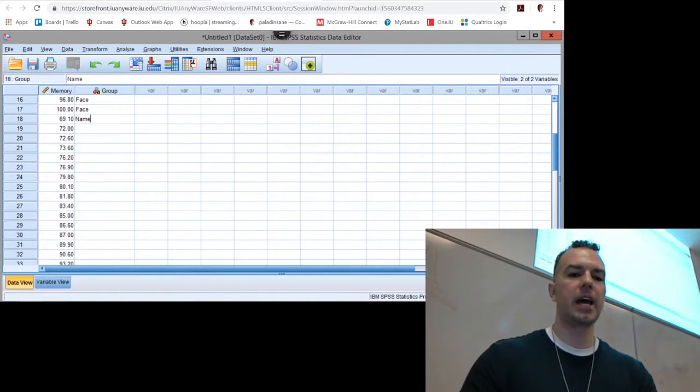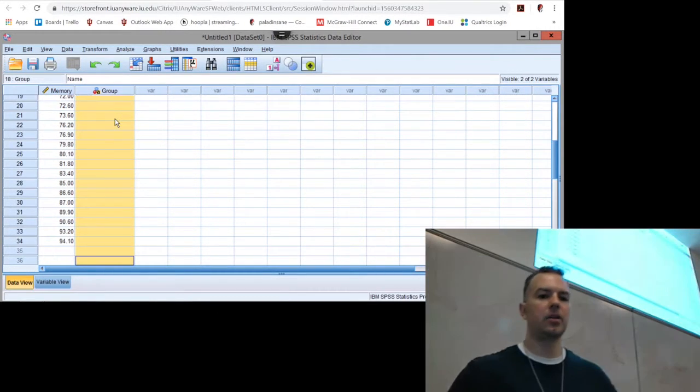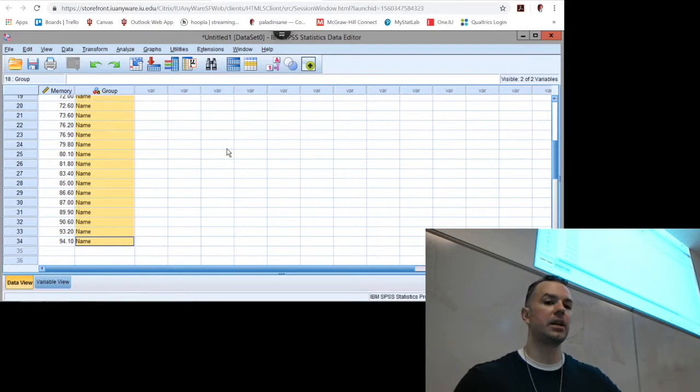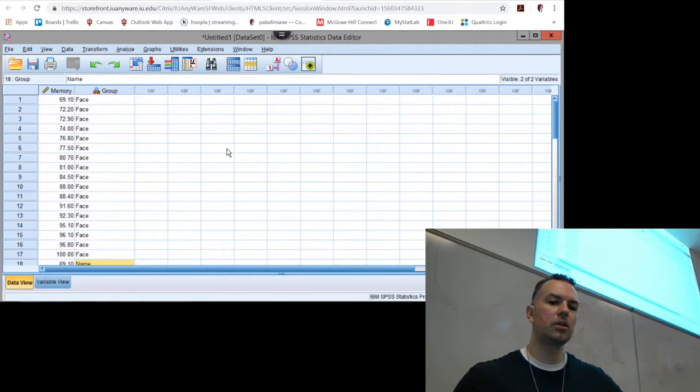We label those as name, and we can copy and paste that all the way down, and we have it set up correctly here. So we have memory scores for the face group, and memory scores for the name group. We're now ready to do our analysis.